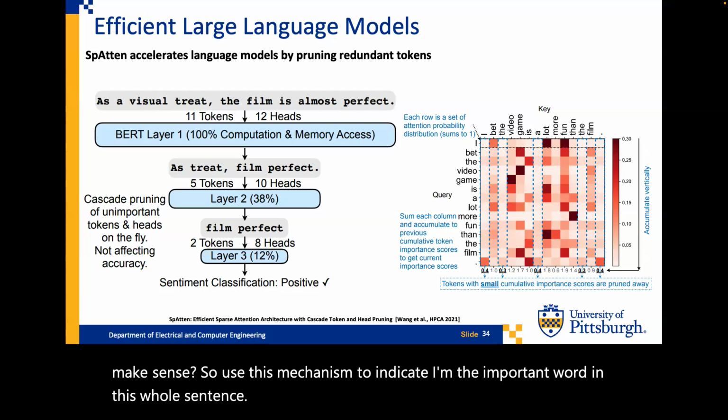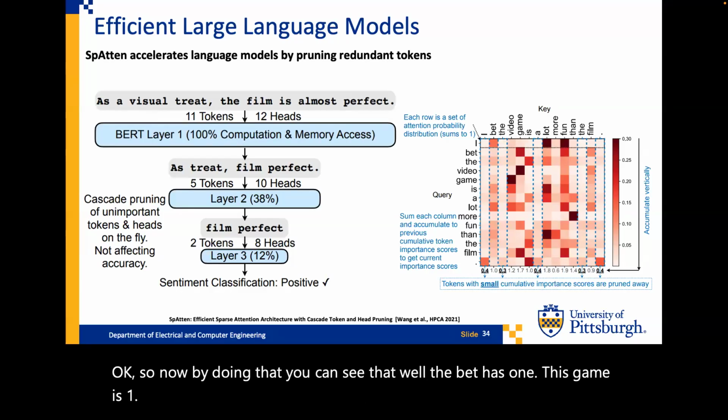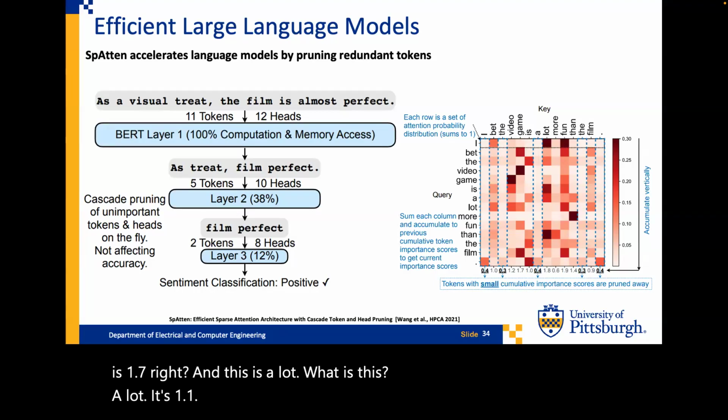Okay, so by doing that, you can see that the bet has 1, this game is 1.7, right? And this is a lot. What is this? A lot. It's 1.8. And then we can see some other tokens like I, not important.